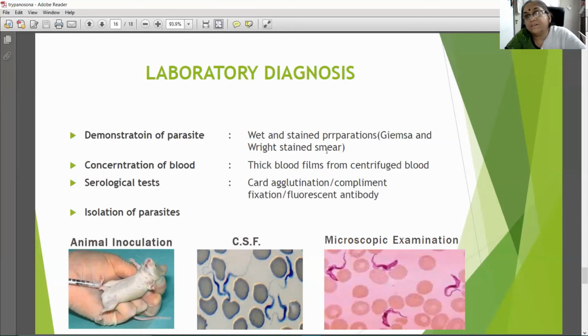Since the central nervous system is involved, you can do CSF, that is, cerebrospinal fluid can be taken and the parasite can be demonstrated. Isolation of the parasite can be done by inoculating it in animals.